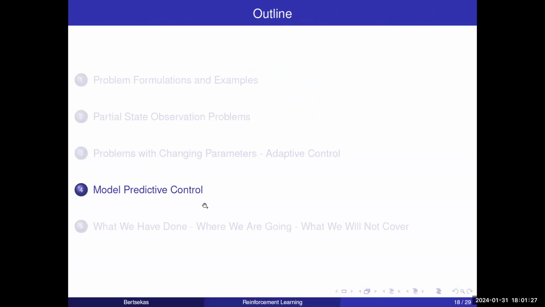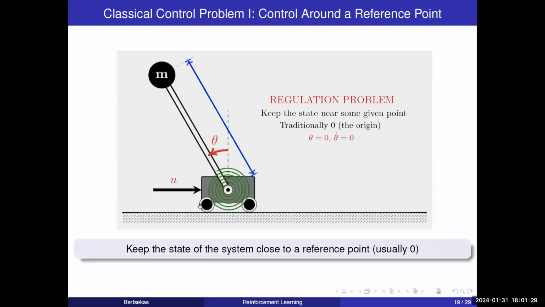Okay, so now we'll go into model predictive control. It is one of the most popular, perhaps the dominant methodology for sophisticated control problems. Let me remind you what control theory is about.